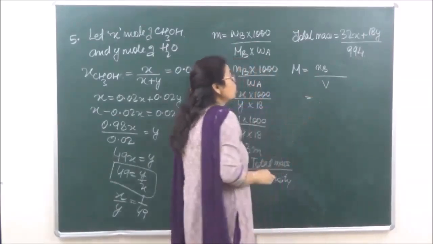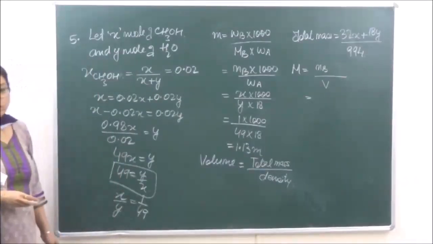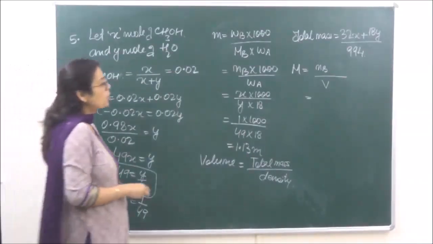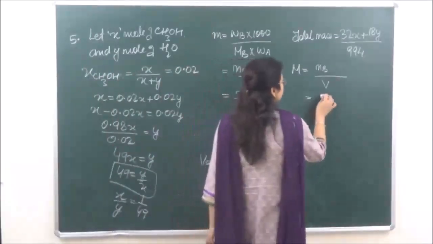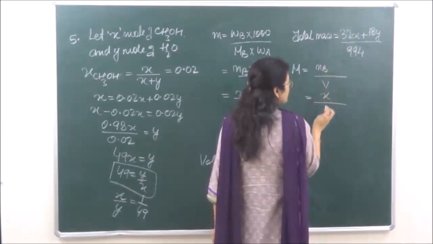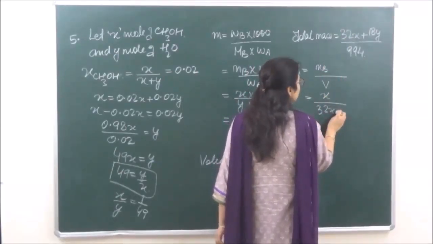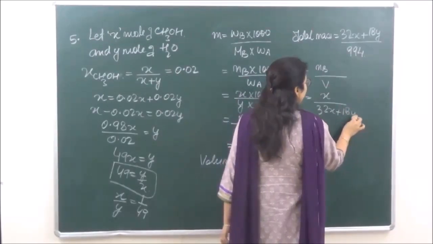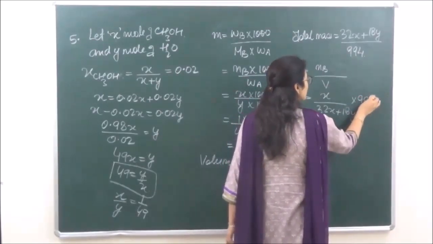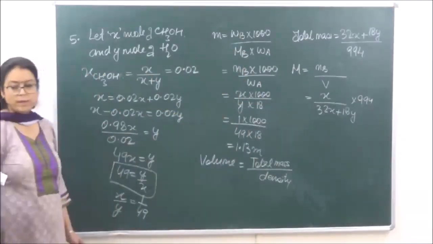Right? Number of moles of the solute we have already assumed as X. So X will come there upon this total mass. So total mass when we are taking, it is going to be 32X plus 18Y into 994. We have to take the reciprocal over here.